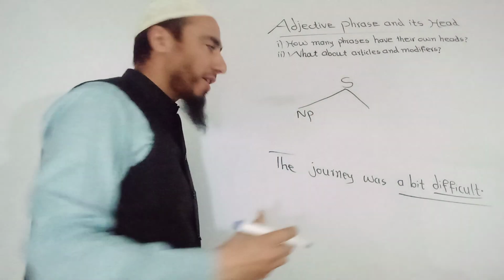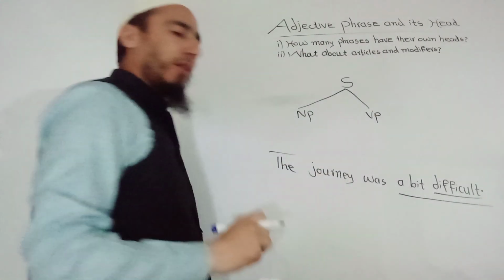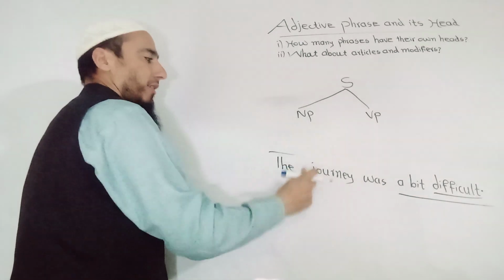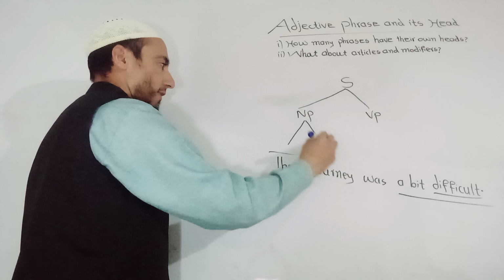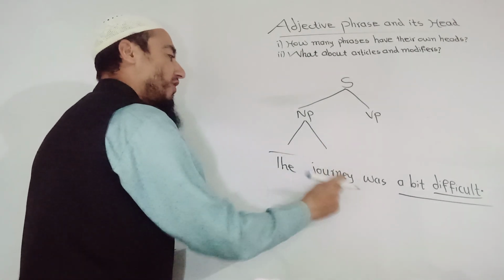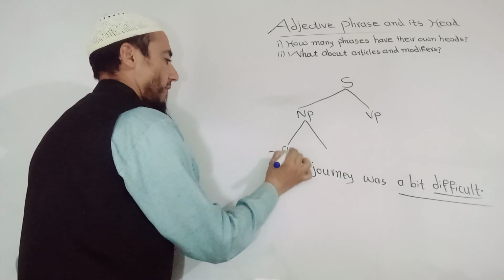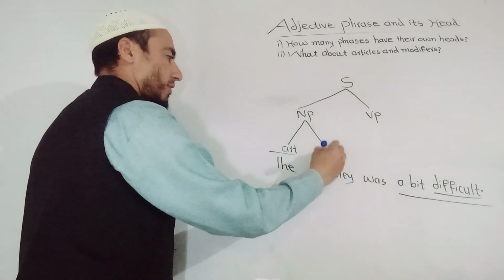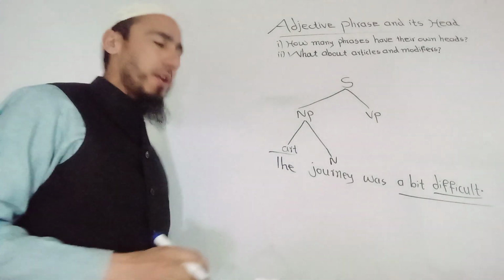NP means noun phrase, and we have VP, which means verb phrase. In NP, we have the journey. So we divide the NP here in two portions because we have article and noun. Article means the, so we are writing ART for article. N for journey, which is noun. So combinedly they are NP.